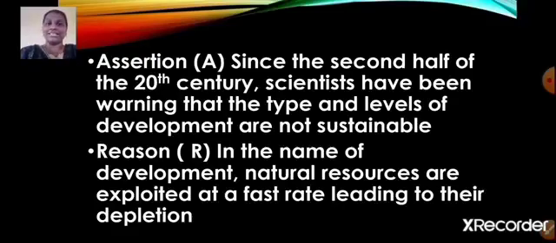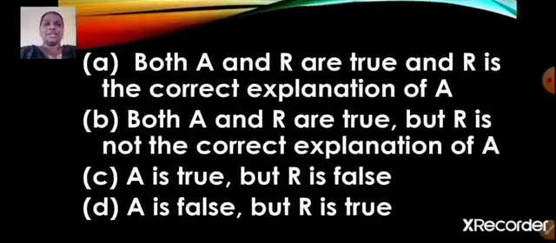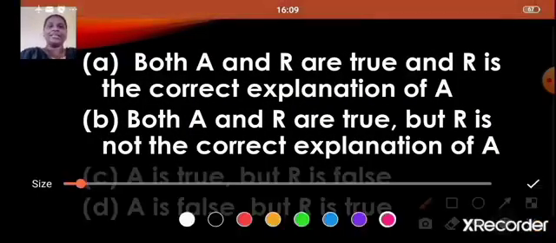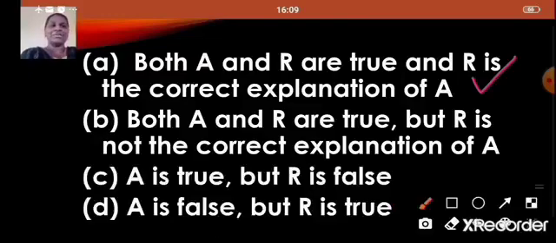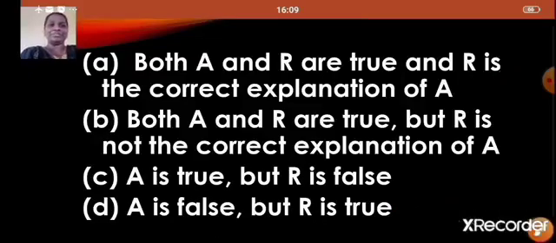Now let us find out whether the reason given is the correct reason for the assertion. Yes, the reason given is the correct reason for the assertion. So option A, that is both A and R are true and R is the correct explanation of A, is correct. Is that clear, students? Very good.